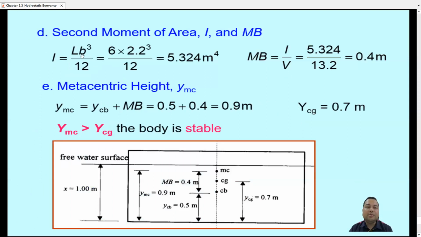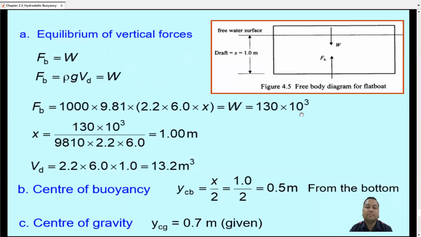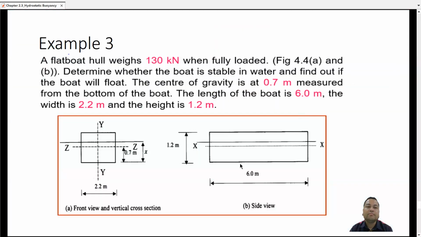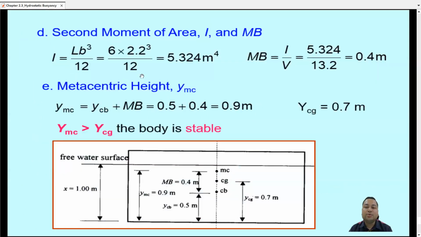So I would be L B cubed over 12. So length is 6 meter and B is 2.2 meter to the power of 3, over 12. We got it as 5.324 meter to the power of 4. Determine the value for MB, I over VD, as 0.4 meter.